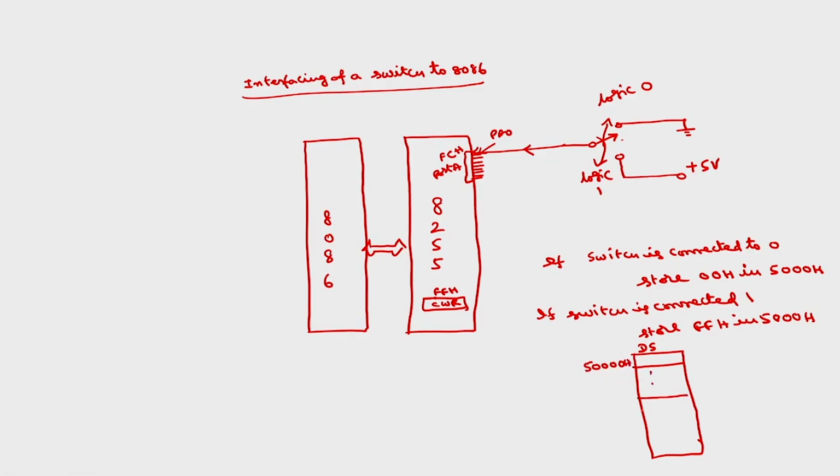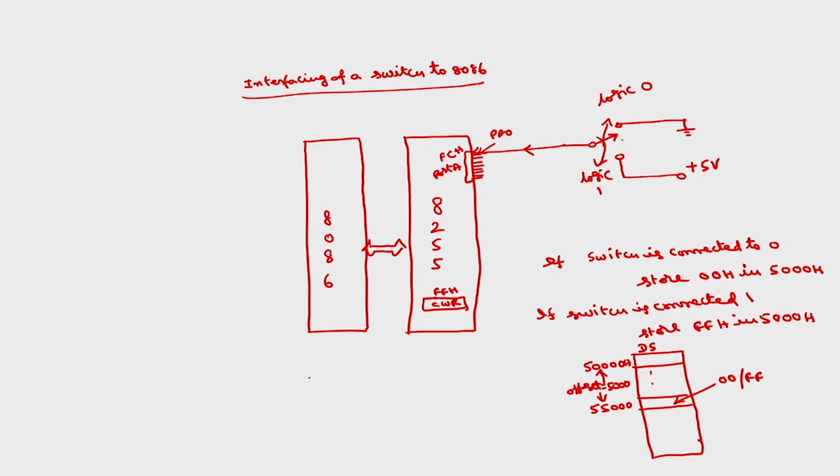The offset of 5000 becomes 55,000. Here I want to store either 00 or FF, depending upon whether the switch is connected to logic 0 or logic 1. Okay. So, what will be the program for this now?